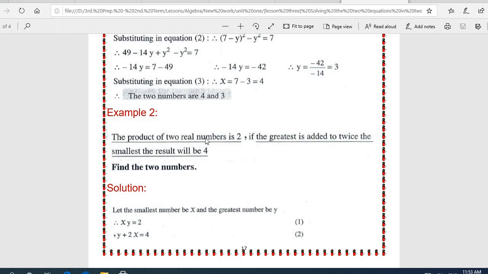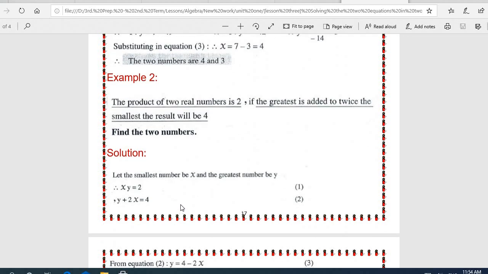The product of two real numbers is 2, which means that x multiplied by y equals 2. And the second statement: the greatest, which is y, added to twice the smallest, 2 times x, which is 2x, equals 4.